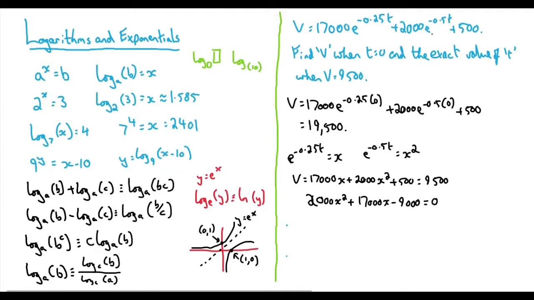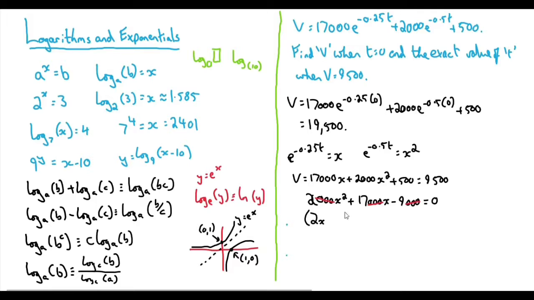This term here was a squared power of this thing here. We can actually simplify this by just cancelling through by a factor of 1,000. So this would just become 2, this just becomes 17, and this just becomes 9. This can therefore be broken down into two brackets. We end up with 2x in one and x in the other to times together to make 2x squared.